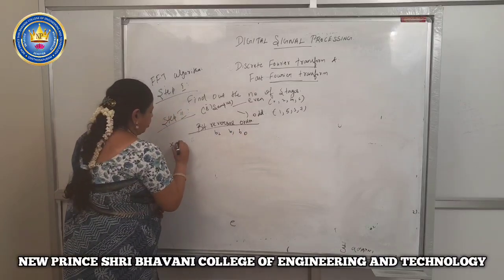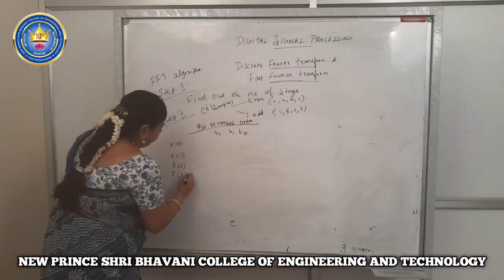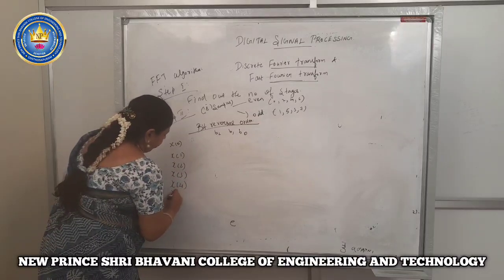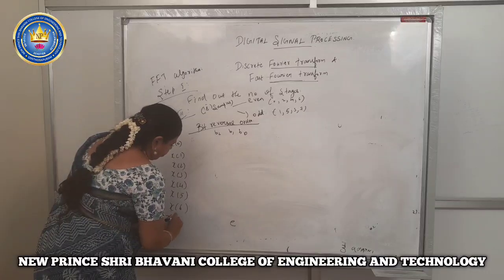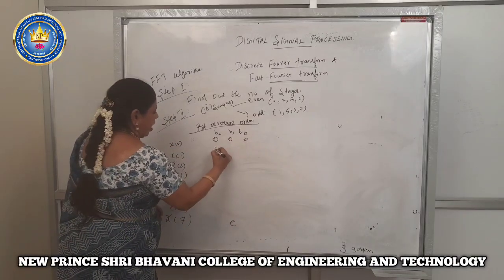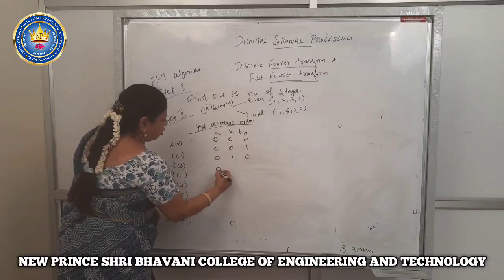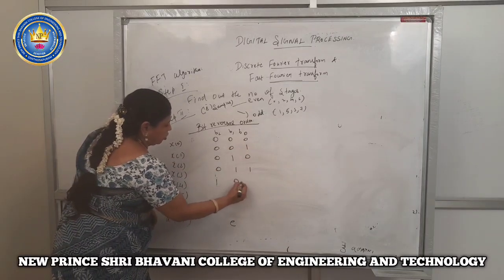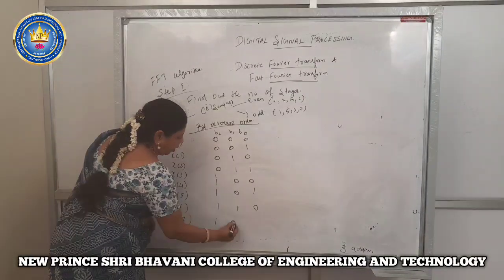So x of 0 to x of 7, represented in binary form: 000, 001, 010, 011, 100, 101, 110, 111.